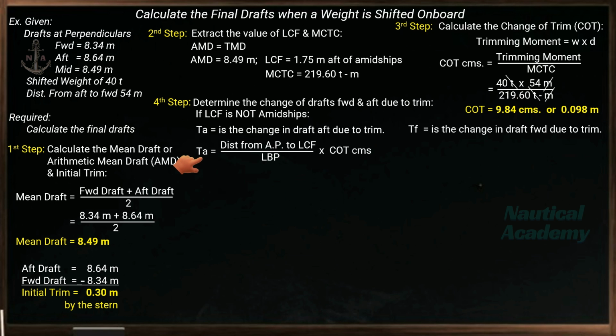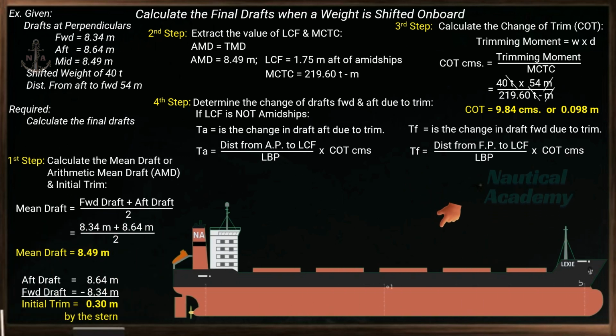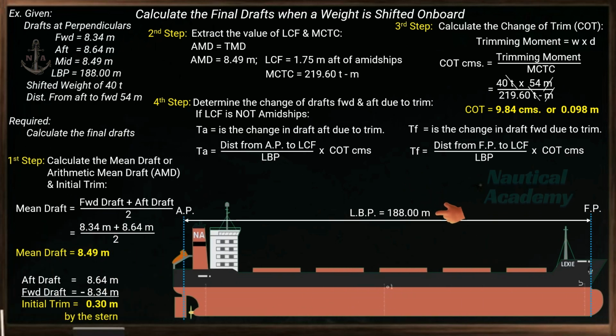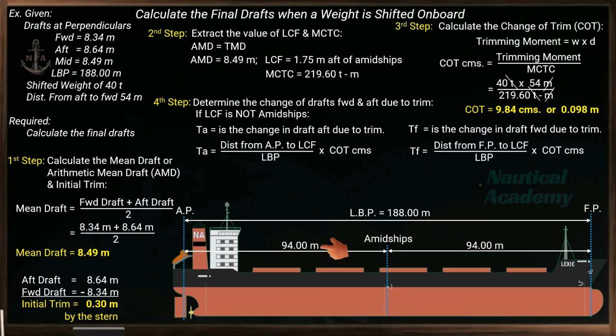But the procedure in finding the change of draft aft and forward due to trim will be different. Let's assume that in our scenario, the length between perpendicular is 188 meters. If the amidship is here, the distance between midships to perpendiculars are 94 meters. If the location of LCF is 1.75 meters aft of amidships, assuming here, the distance from after perpendicular to LCF is 92.25 meters.